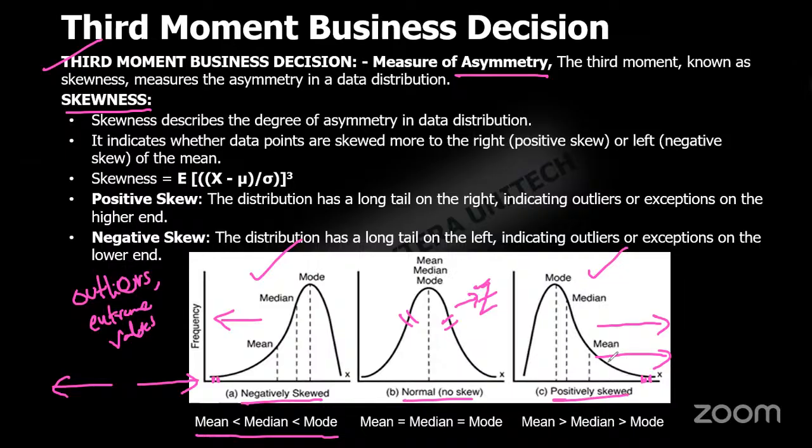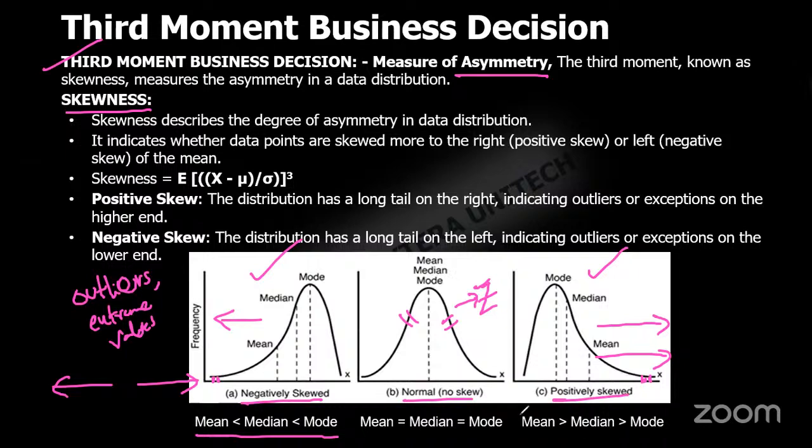But how can you identify it easily? As we have the long tail towards the right hand side, the mean value gets pulled towards the right hand side. Obviously, we know that the mean value is influenced by outliers, so the mean from the middle gets pulled towards its side.